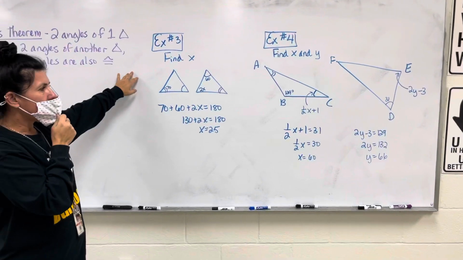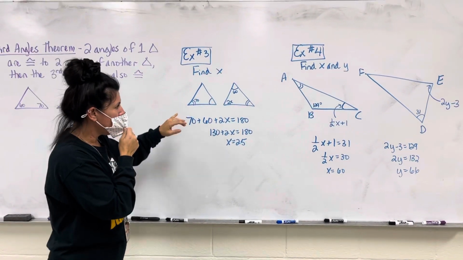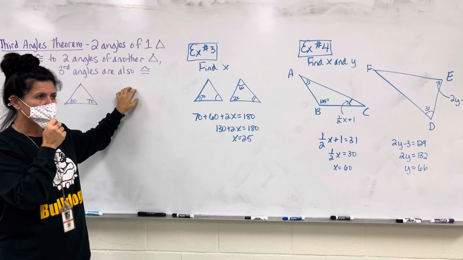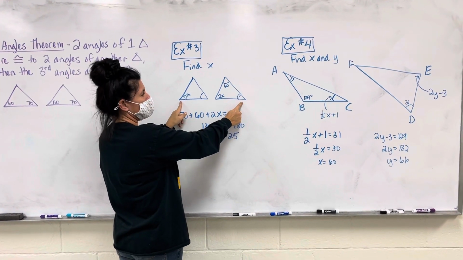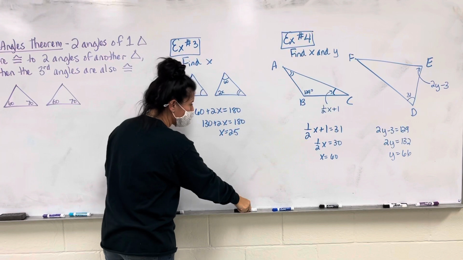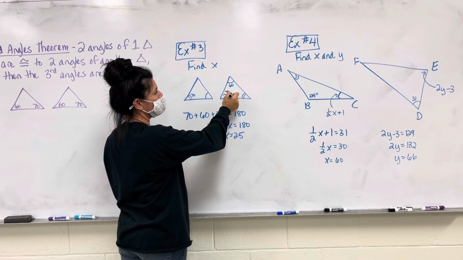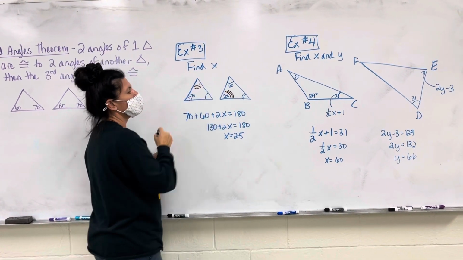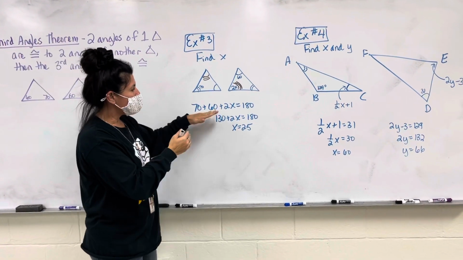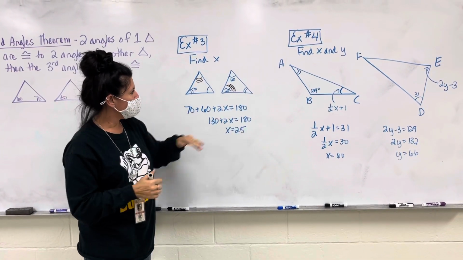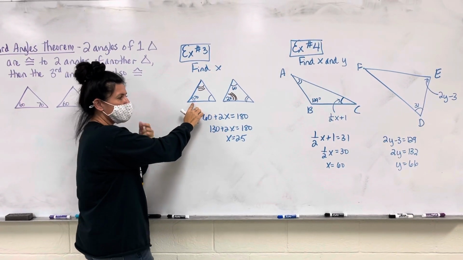With this example, they're asking you to find x. We're going to use this third angles theorem. Congruent, congruent. That tells me that this other angle must also be congruent. Third angles theorem allows us to say that. So we can set up our equation because I know that the second marking is 70.